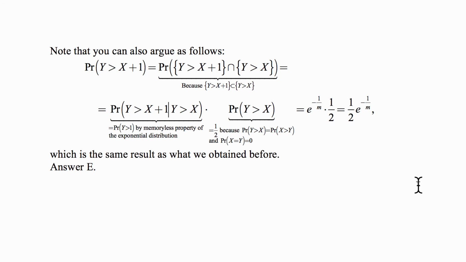So this has to be e to the minus 1 over m, which is the probability that y is more than 1, times 1/2, or 1/2 e to the minus 1 over m, which is what we got before, the same thing. So we solved this for the value of m, and we got answer E.